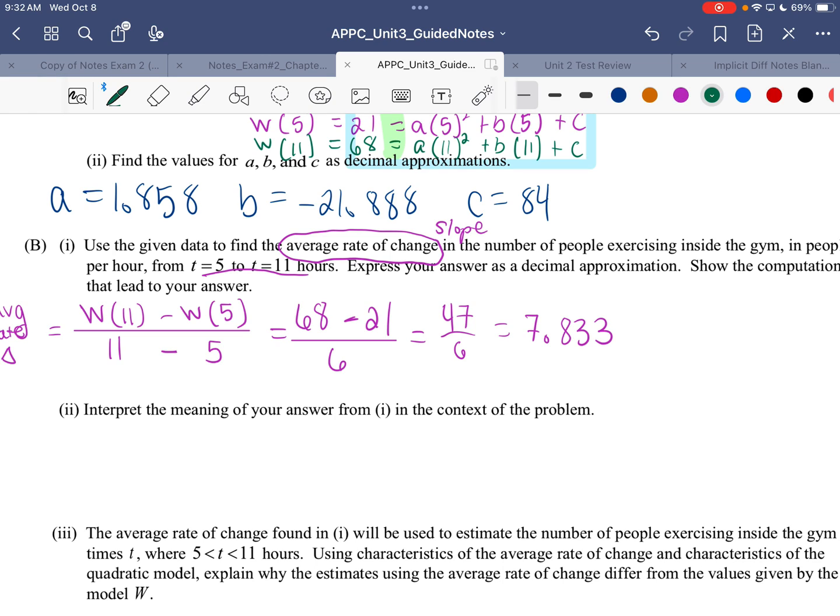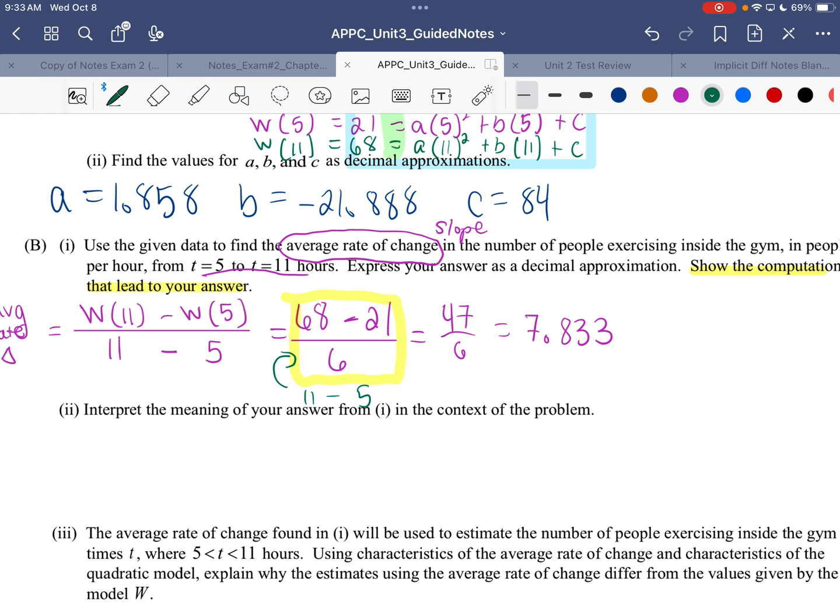Here's the key part, because all of this you really could do in your calculator. It says show the computations that led to your answers. If you just write down 7.833 and don't show any work, you will not get credit for this question. The part that you had to show was having the 68 minus 21 over either 11 minus 5 or a 6.